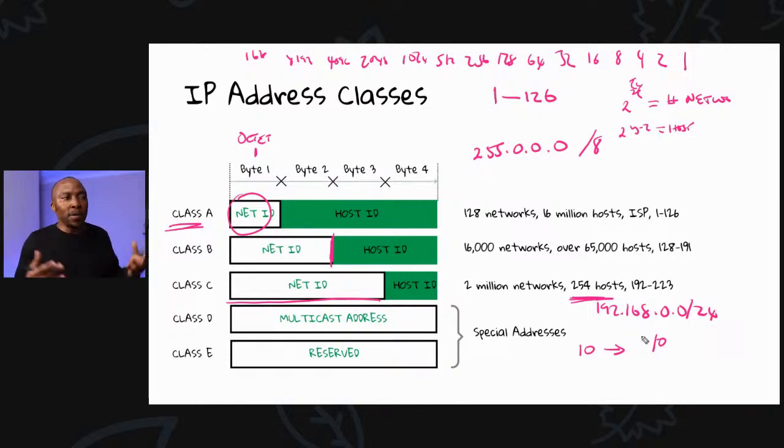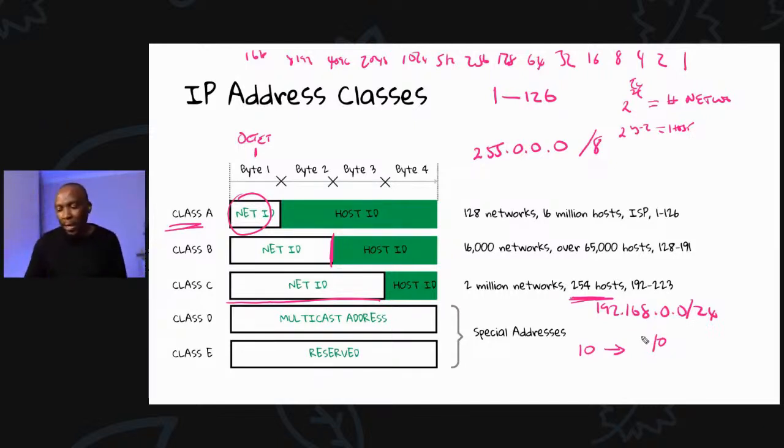So now sales consumes a /24, marketing consumes a /24, you're trying to put a printer subnet, another /24, and it becomes a bit messy because you'll have too many subnets, which in turn affects your routing, because then you'll have too many routes in the routing table. Yes, you can summarize, but I'm just trying to illustrate a point that this was a problem in itself, and we're going to find out how that problem was then fixed.